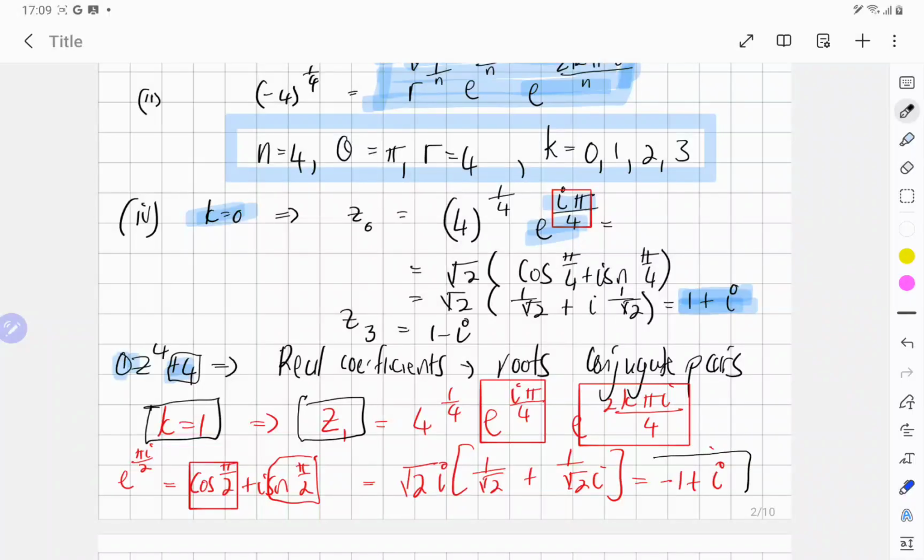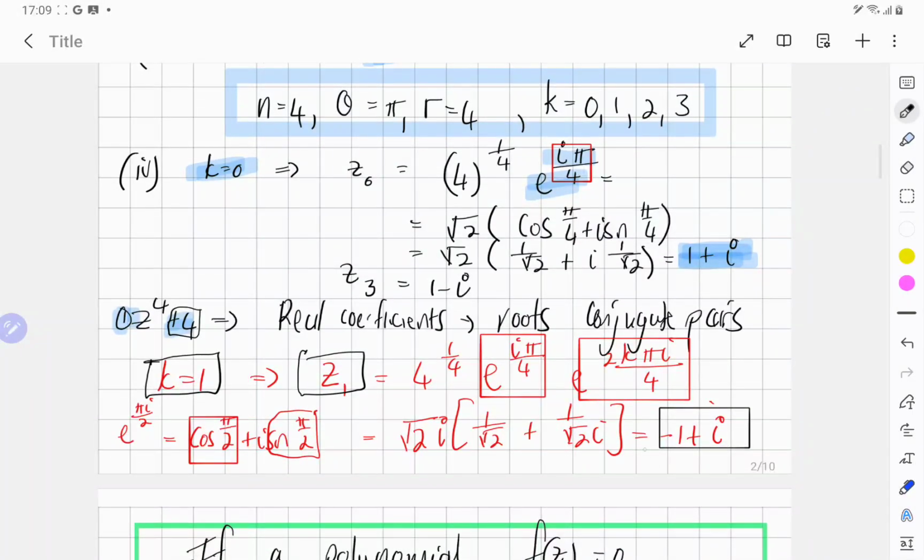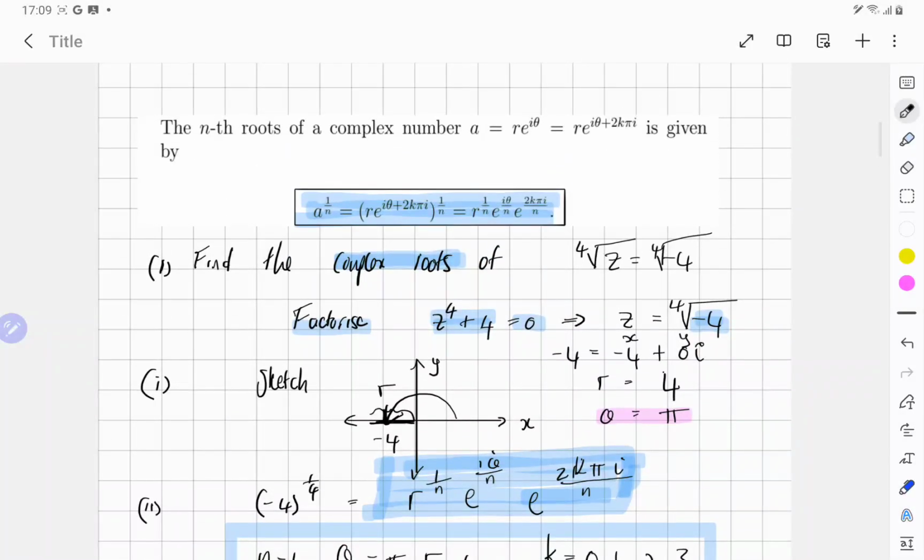We got minus 1 plus i, and since our roots are in conjugate pairs, our last root will be minus 1 minus i, and there we have our 4 roots. So I hope you understand this question well.